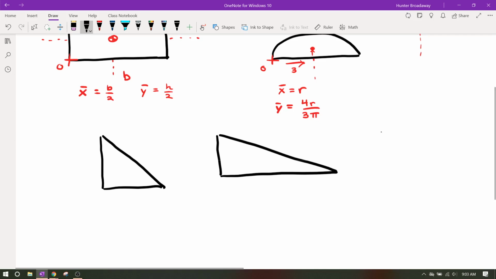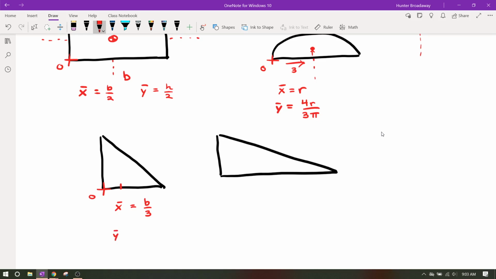But if we just calculate the centroid using the x bar and the y bar for this simple shape, if you make an origin point, then the x bar and the y bar are going to be at 1/3 of the base and 1/3 of the height. So the x bar is going to be located at the base divided by 3, or a third of the base. That'd be about right here, if you're taking this number on this line and cutting it into thirds.